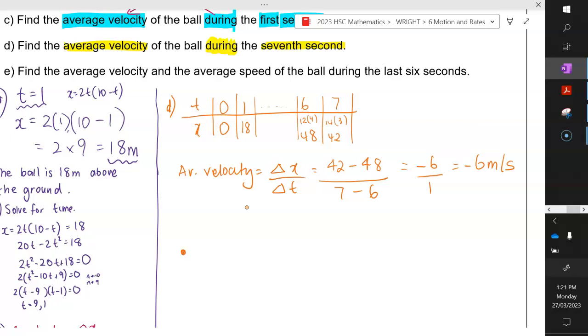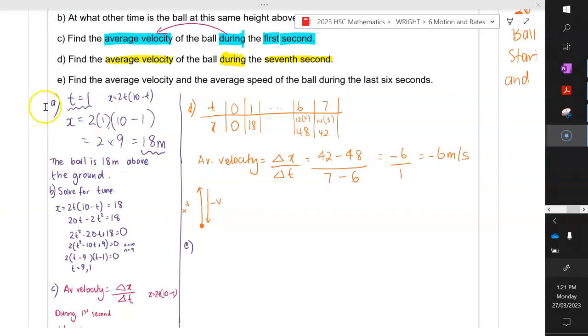I've started here with my ball, I've gone up, and in that direction I have a positive velocity. And as I'm coming back down towards me, I have a negative velocity because my direction has turned around. So in that 7th second, I'm going at minus 6 metres per second back towards the direction that I came from. Let's look at part E.